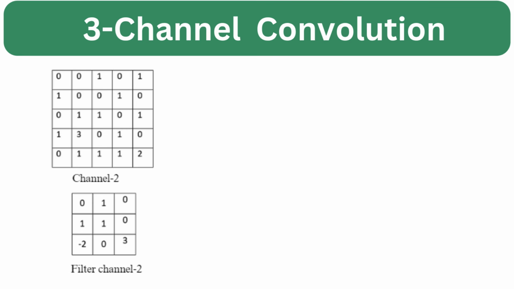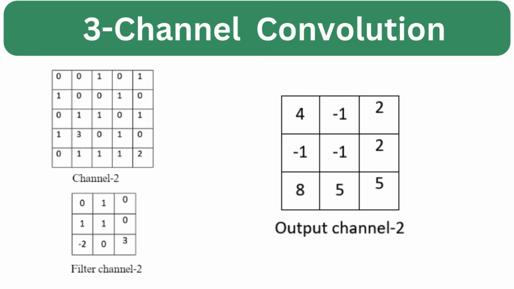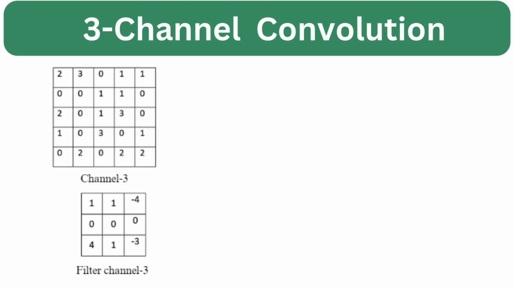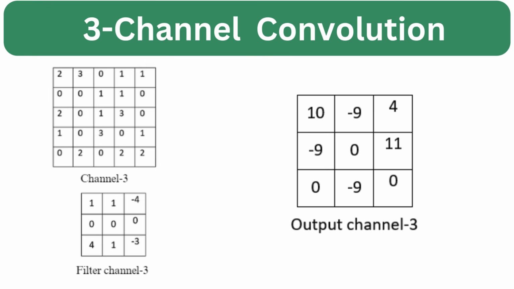So the second channel of the filter will be convolved on the second channel of the input image and we will again have a 3 by 3 output. Similarly, we will convolve the third channel of our filter on the third channel of our image and do the computation, and after convolution we will get this 3 by 3 output feature map.